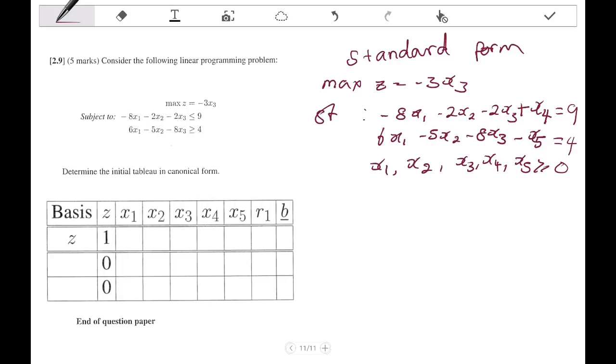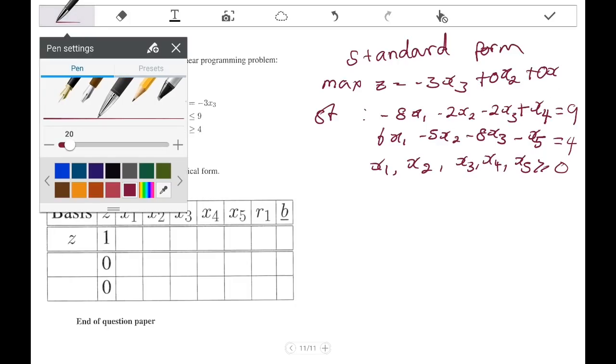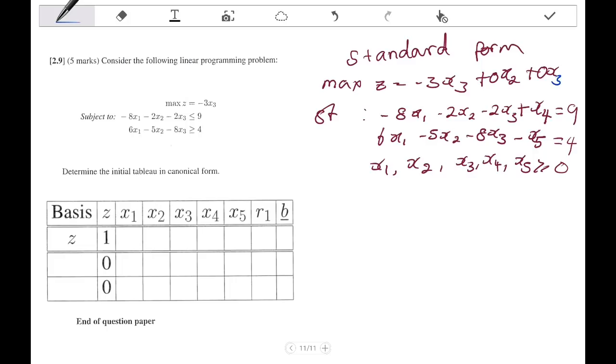The reason I'm saying this problem is not yet in a canonical form is that if the problem is in a canonical form, you must have one variable in each constraint that has a coefficient of positive 1 on that constraint, and then the coefficient of 0 in other constraints.